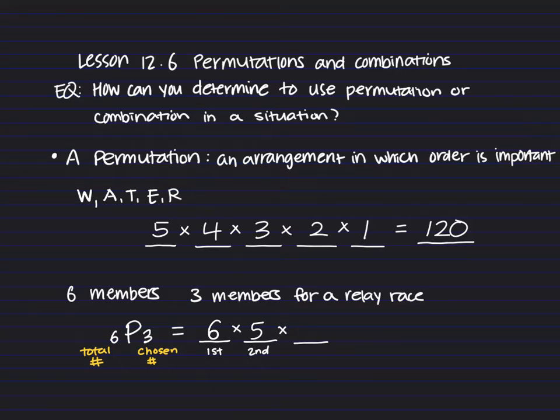And then again, for the third option, you're going to have 4 members available to choose from the whole list. So then you're going to multiply 6 times 5 times 4 and find out 6 times 5 is 30, 30 times 4 is 120. So again, that means you are going to have 120 different ways to put your members in a different order to run for the race.